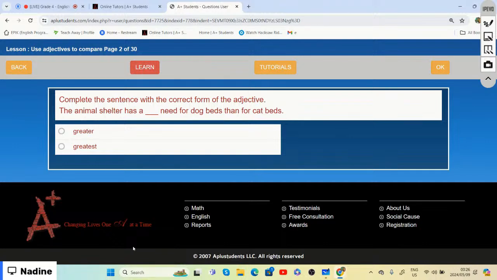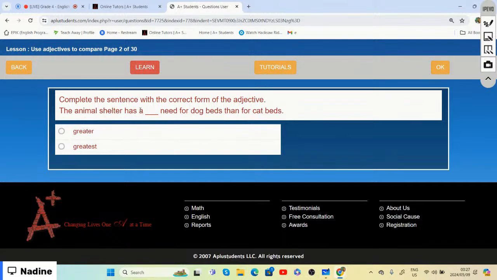So this is going to be a bit tricky because they're specifically only making mention of the one animal shelter, but they're comparing the dog beds to the cat beds. So we are going to choose one of these and then see which one is correct.